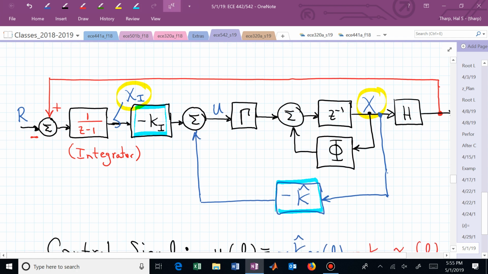One is going to be the same dimension as our full state feedback gain matrix, which is now what we're calling k hat, and the other one is this k sub I. And we've introduced some new dynamics into this system, which is this integrator block. And what's that integrator block doing? It's now looking at the comparison between our reference signal R and the output Y.